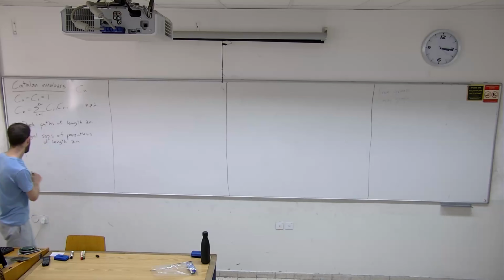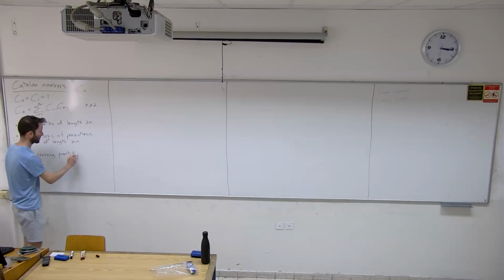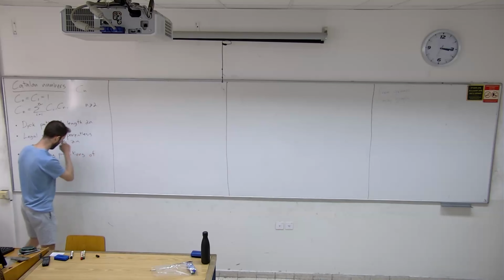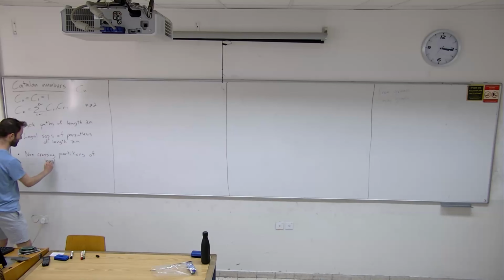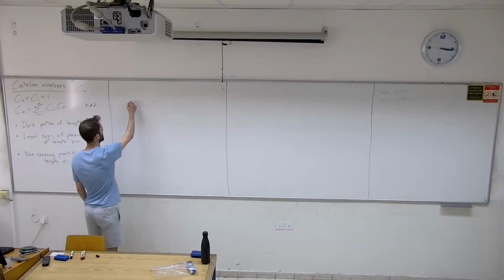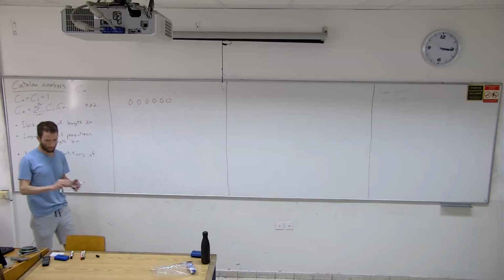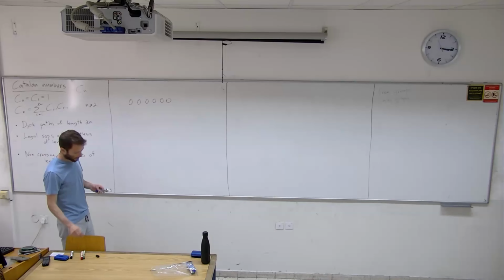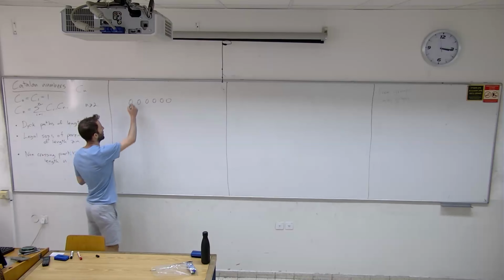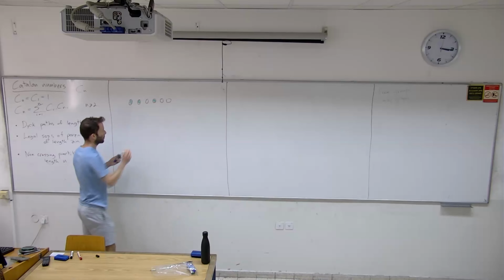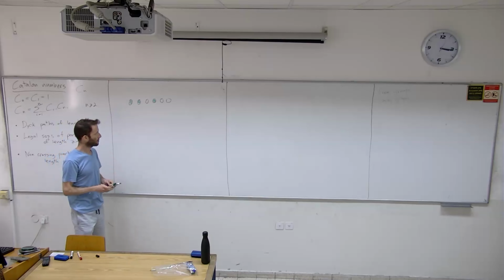I'll write it down and then explain, non-crossing partitions of set size n. I'll explain what I mean here. If I have a sequence of objects, the order matters here, and I want to partition them. I can say, okay, I can have the green elements as one part in the partition and the others as the other part.